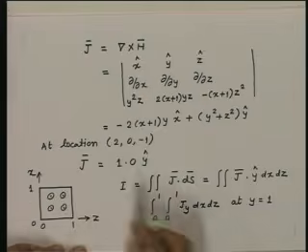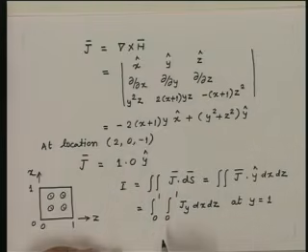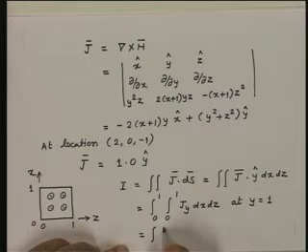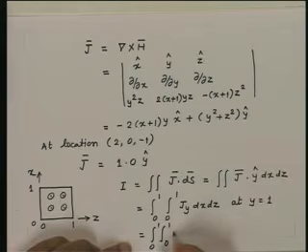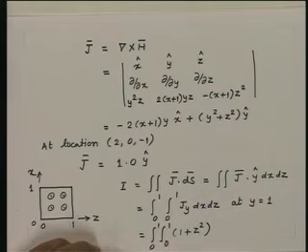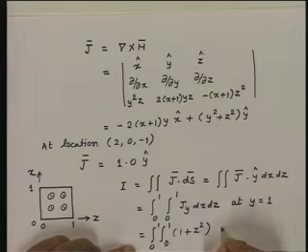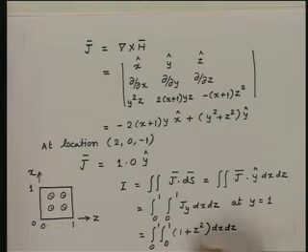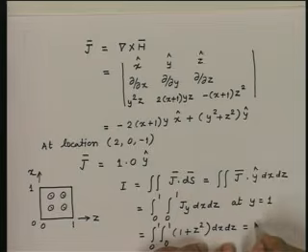Substituting the conduction current density, we get the integral with the same limits of (1 plus z square), because we are substituting y equal to 1, dx dz. If I solve this integral, I get the total current enclosed inside this loop, which is 4 upon 3 amperes.